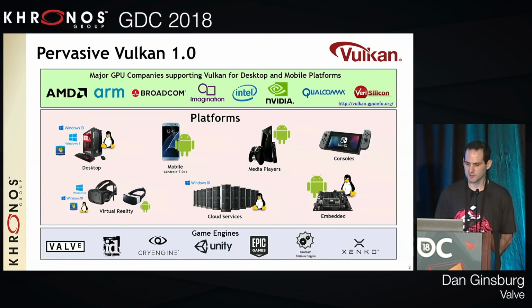At Valve, we've used Vulkan to enable VR and SteamVR. On Linux, the entire stack runs through Vulkan, both the compositor and the client. On Windows, the client is based on Vulkan, and we use the Vulkan external memory extensions for interop. The Oculus Rift supports Vulkan clients, and cloud services and embedded as well. So Vulkan is pretty much everywhere, pretty much.